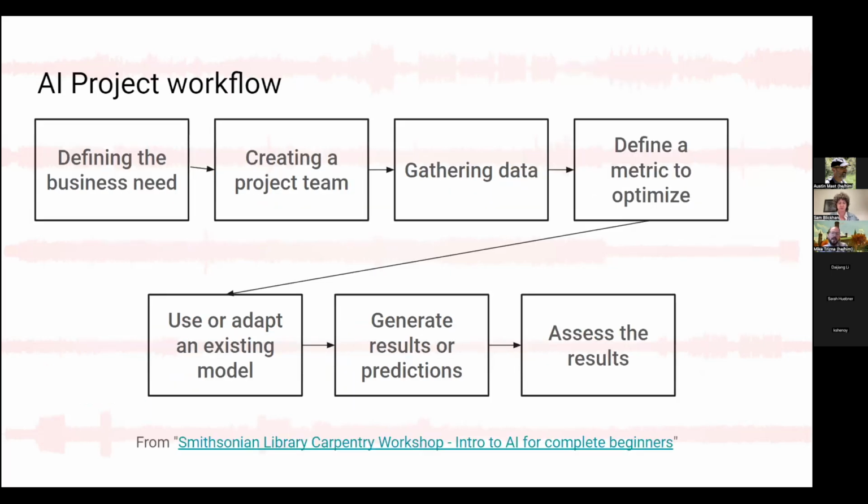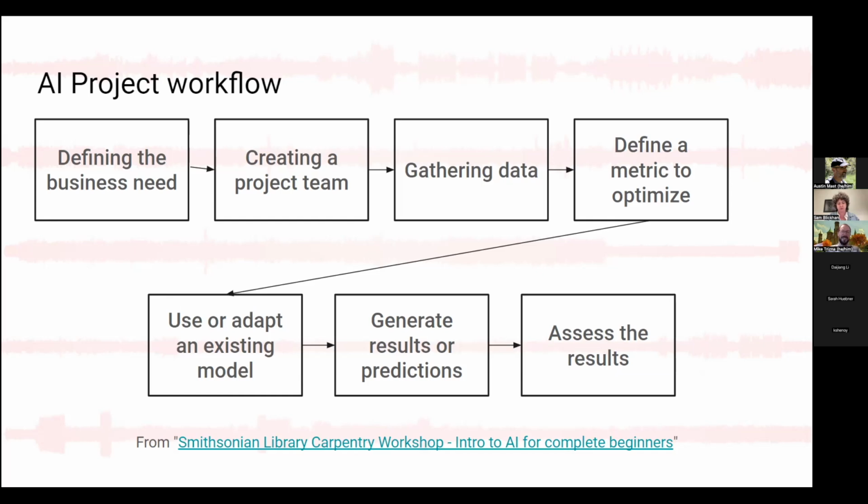To go over how an AI project typically works, this is actually taken from a lesson that I co-developed with others at the British Library and the National Archives of the UK. We put this into a Library Carpentry lesson, which I'll link to later. What you typically will do is define what you're trying to do in your AI project.